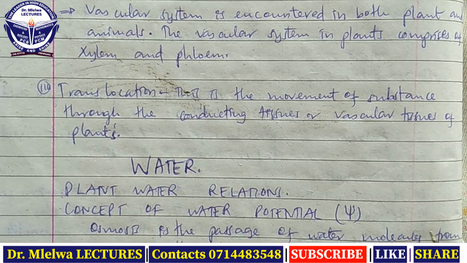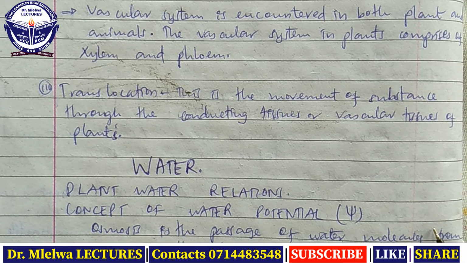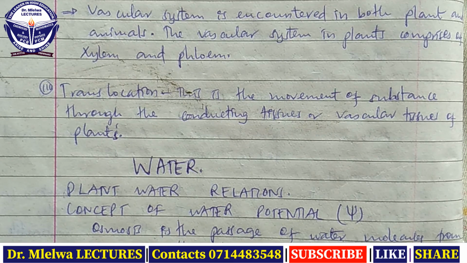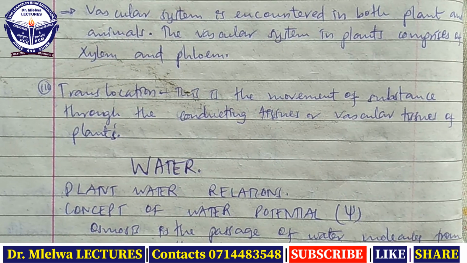But if you are told to explain maybe the theories suggesting how mineral salts and water translocate from roots to leaves, then you will answer the question regarding the movement of materials in the xylem tissue. So these are the few important terminologies that you need to understand before we move further.